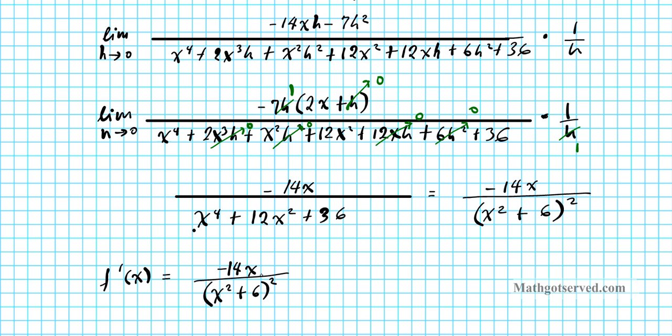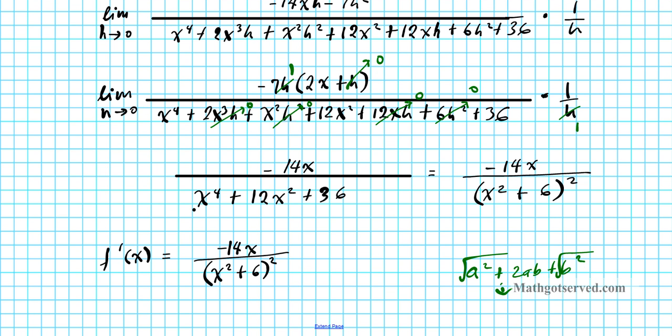If you've forgotten how to do this, think about your perfect square trinomials. If it's of the form a squared plus 2ab plus b squared, you just read the first and the last, bring down the middle sign, and then your factored form is going to be a plus b quantity squared. That's exactly what I did here.